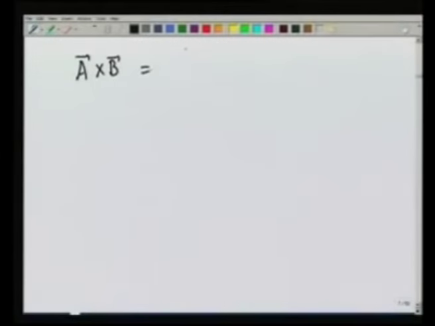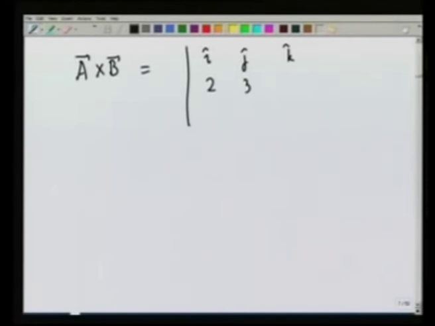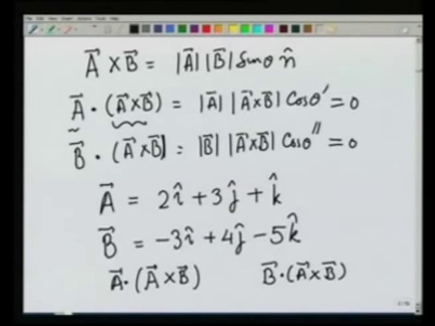So, let us do that. A cross B is going to be equal to the determinant with i, j, k. Let us see what the vectors were: 2, 3, 1 and minus 3, 4 and minus 5.